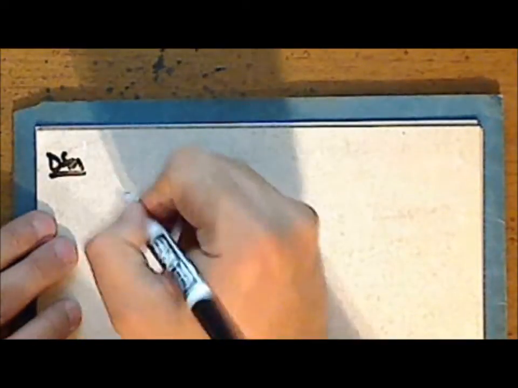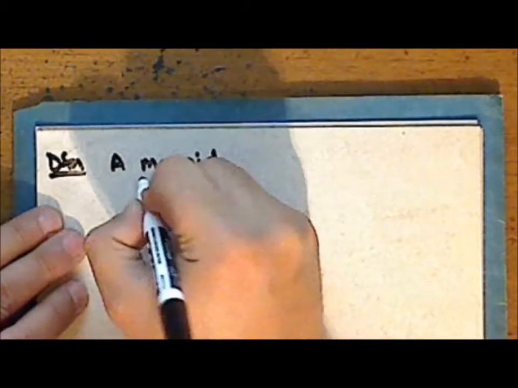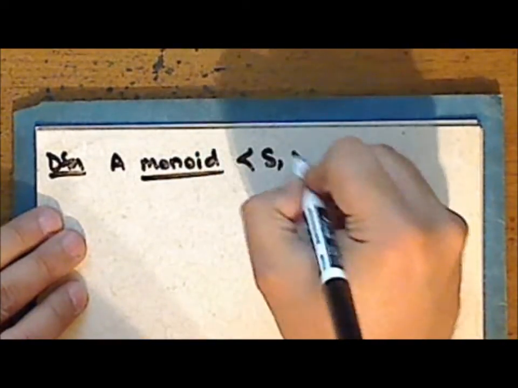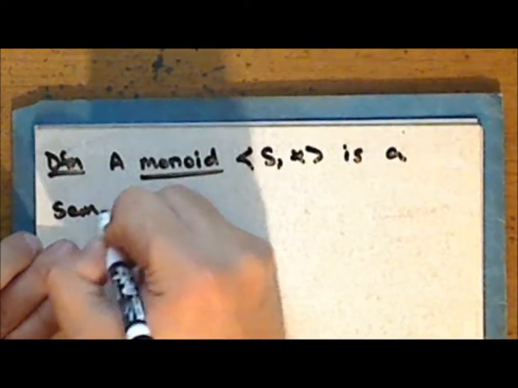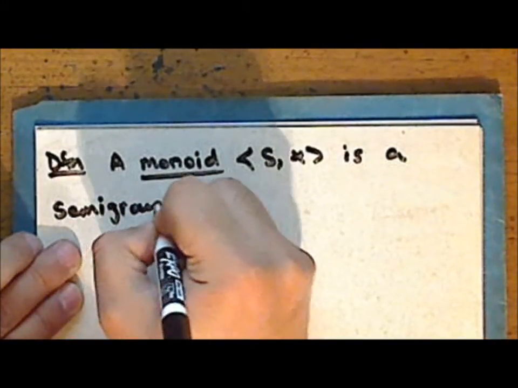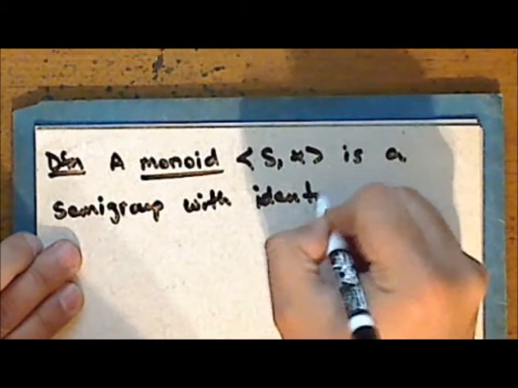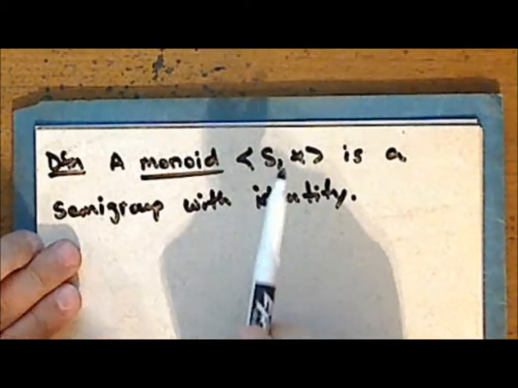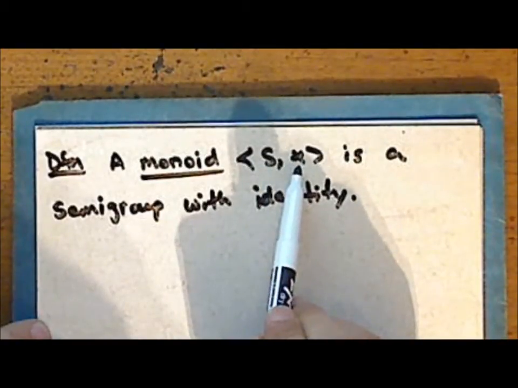So now we can define a new structure. A monoid is a semigroup with identity. That is, the underlying set in the semigroup contains the identity element for the operation star.